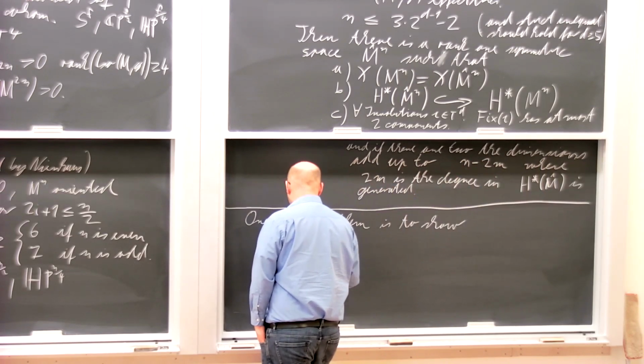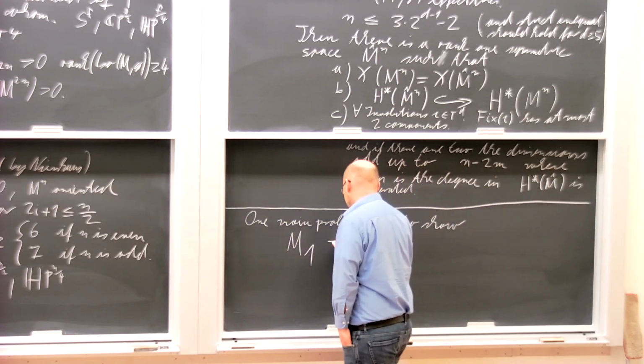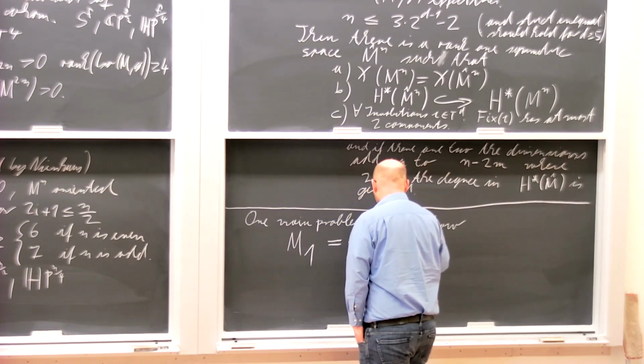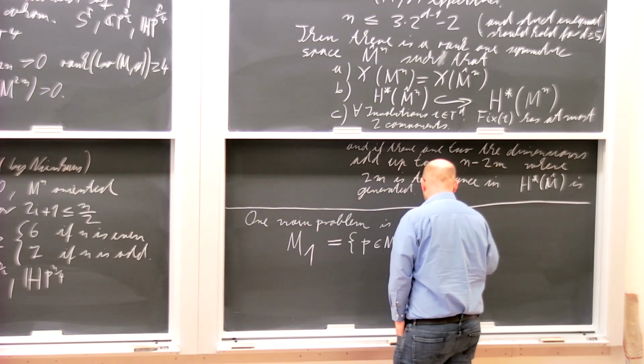I'll just call it M_1. These are all points in the manifold such that the dimension of the orbit is 1-dimensional.